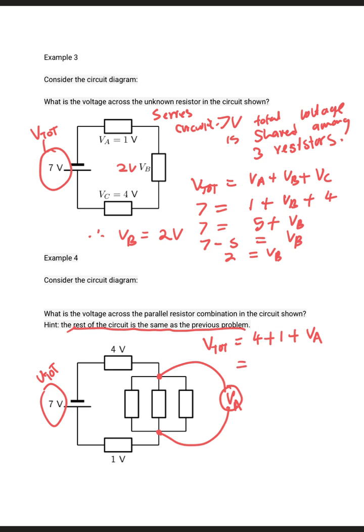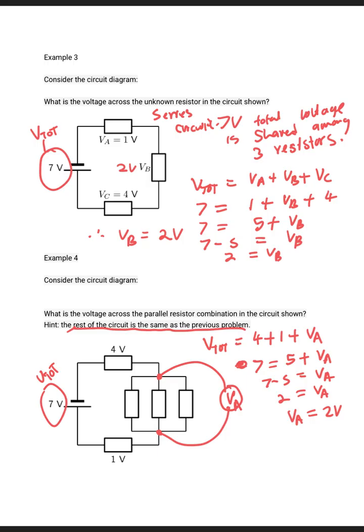And we know V total is 7, and then 4 plus 1 is 5, and then we have VA. So 7 minus 5 is equal to VA, so 2 is equal to VA, so VA is 2 volts.